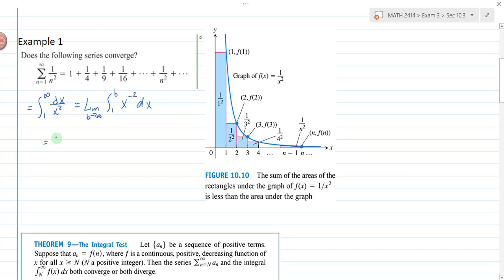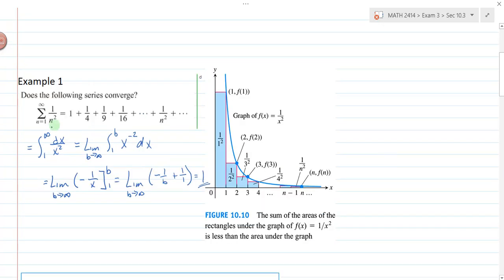And when I integrate this, I'm going to get the limit as b approaches infinity of negative 1 over x bounded from 1 to b. And as b approaches infinity, this term is going to 0, so I get 0 plus 1, and that's equal to 1. And because the integral converges, that means that the series is going to converge.